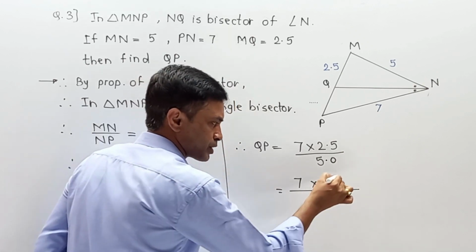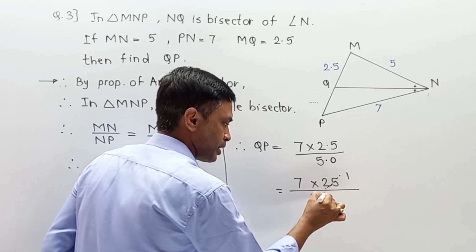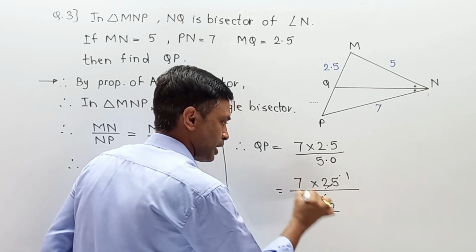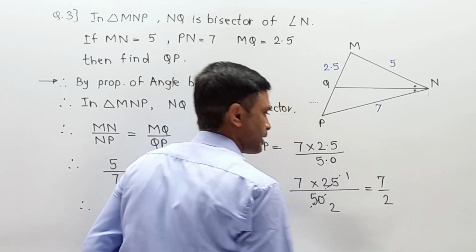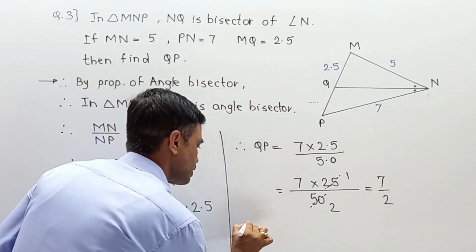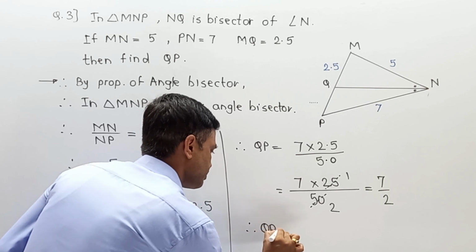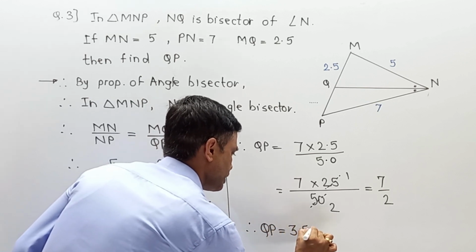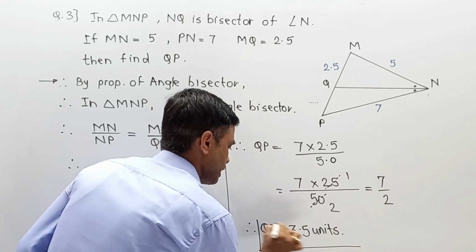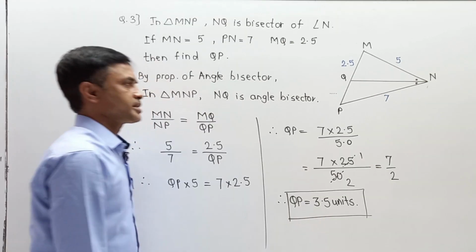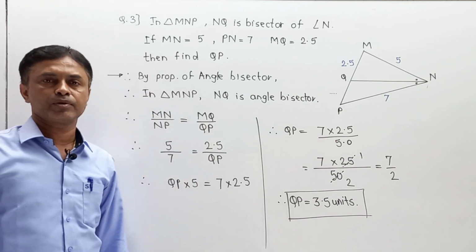So your simple calculation: 25 ones are 25, 25 twos are 50, and that becomes 7 upon 2. And 7 upon 2 definitely you can take as a simple division and therefore your QP becomes 3.5, and we don't know the unit, so I am writing units. And in this way, by simple angle bisector property, you can explain the entire numerical.